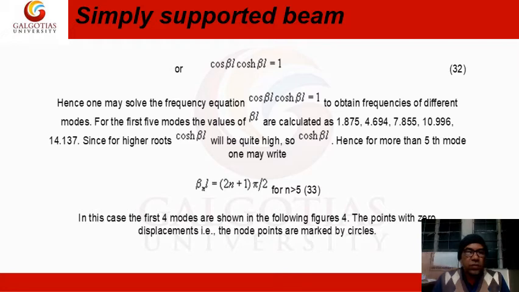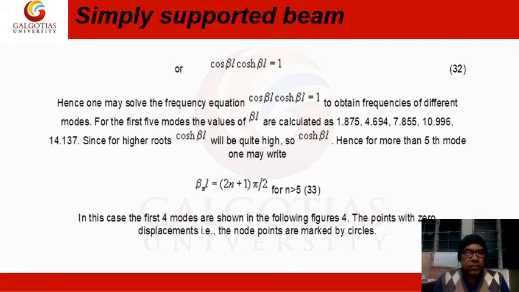For the first 5 modes the values of beta L are calculated as 1.875, 4.694, 7.855, 10.996, and 14.137. Since for the higher roots cosh beta L will be quite high, hence for more than the fifth mode, one may write beta L as (2n plus 1) pi by 2 for n greater than 5.